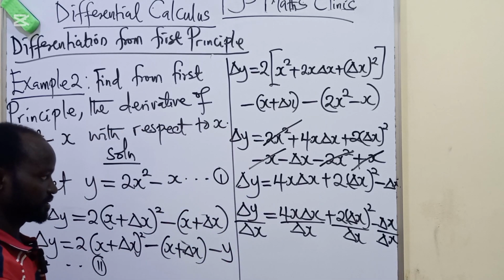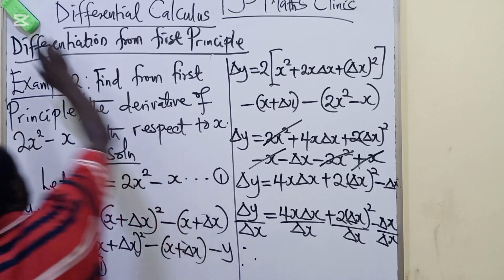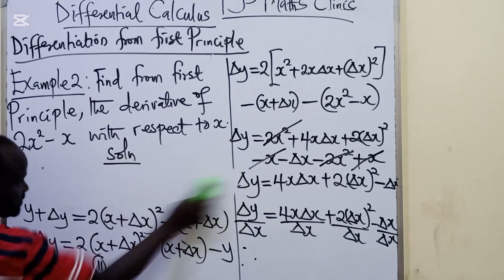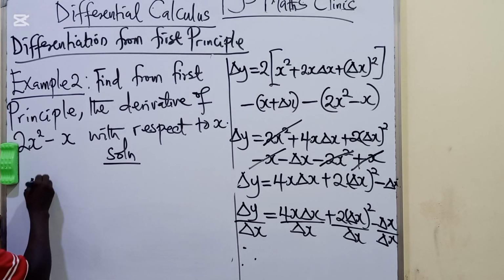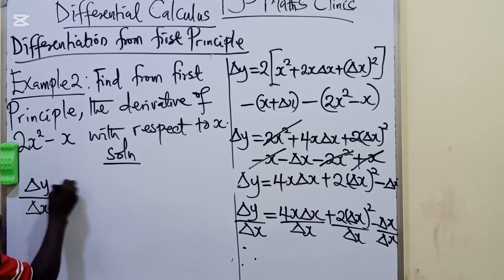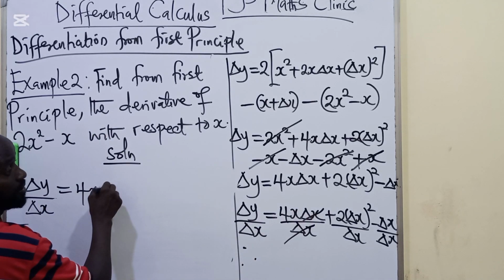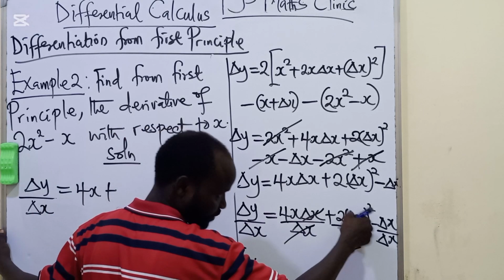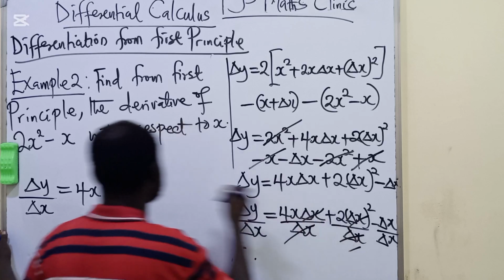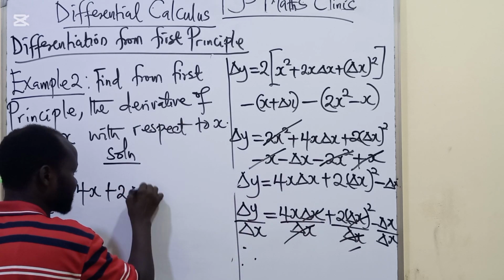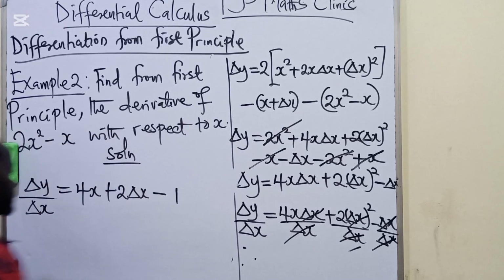Therefore, let's reduce this. We have 4x. Then 2 delta x all squared over delta x: one delta x will cancel one, leaving 2 delta x. Then minus delta x divided by delta x is 1.